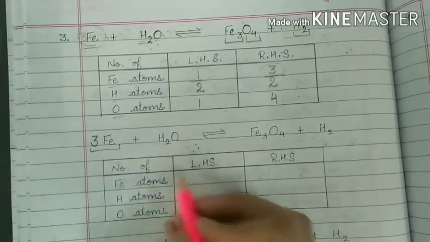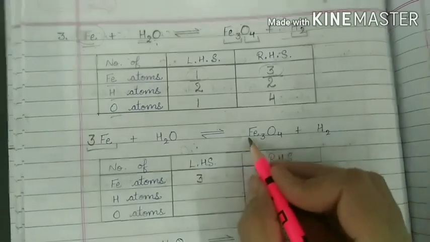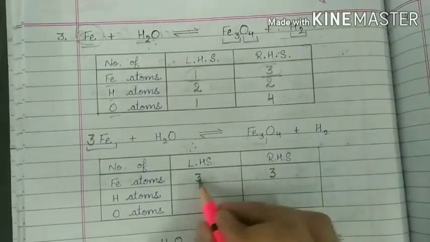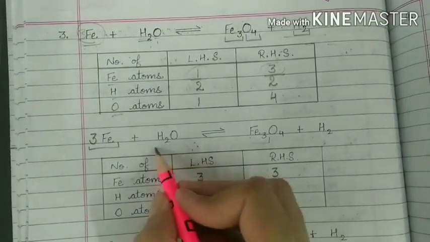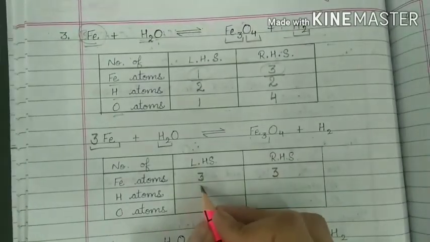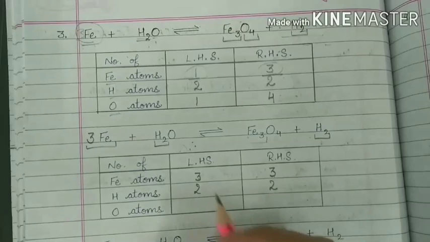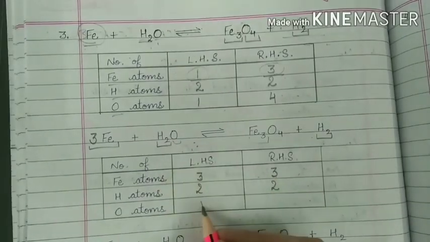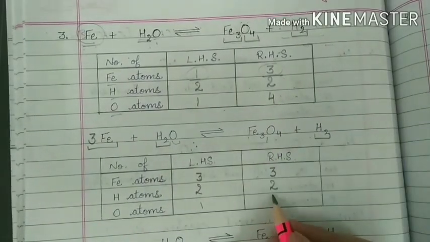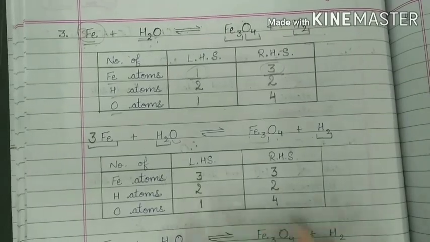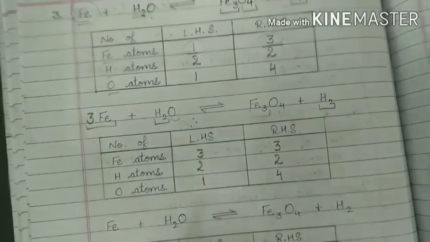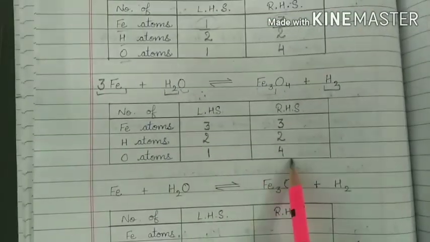On the left-hand side 3 iron atoms, right-hand side 3 iron atoms. Both are balanced now. Now 2 hydrogen atoms and again 2 hydrogen atoms. Oxygen atoms on the left-hand side 1, on the right-hand side we have 4 oxygen atoms. Now here oxygen atoms are not balanced.